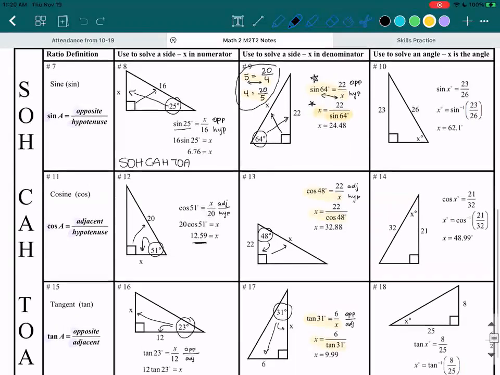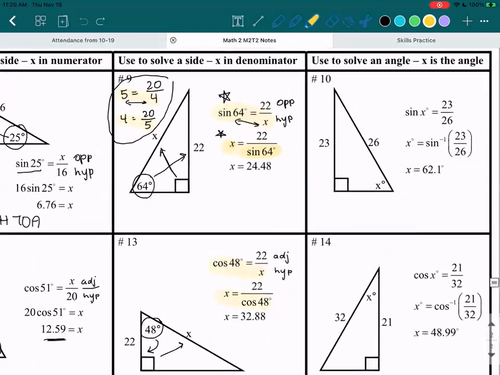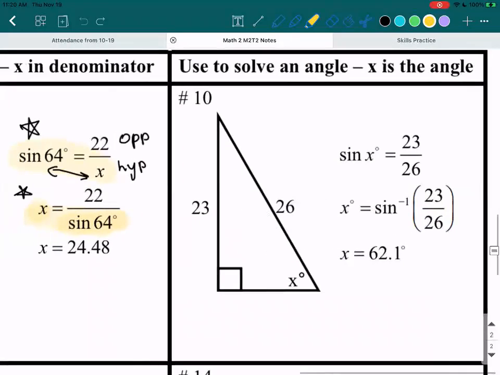We've learned to solve for missing sides using sine, but now we're also going to learn how to solve for an angle using sine, and that's in this box over here. So if you direct your attention towards box number 10, let's say we're looking for that x on the very bottom, that angle.